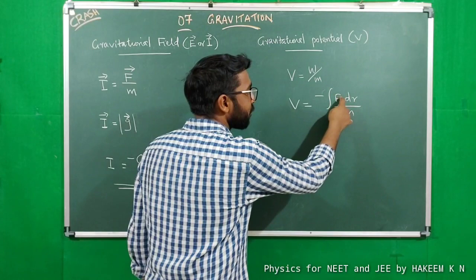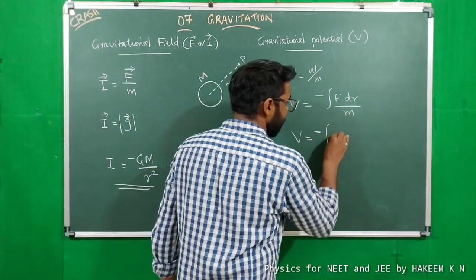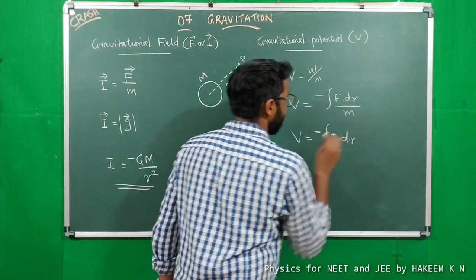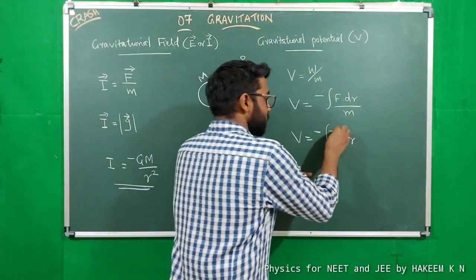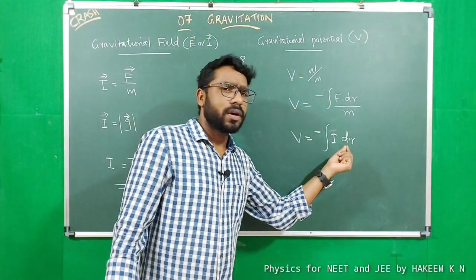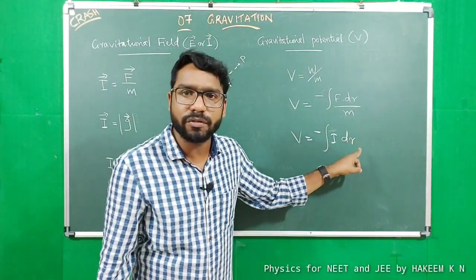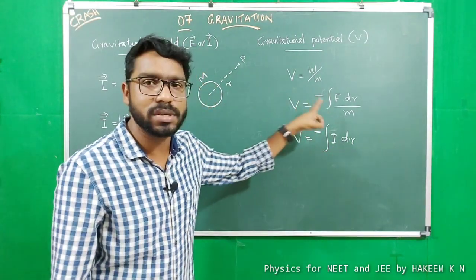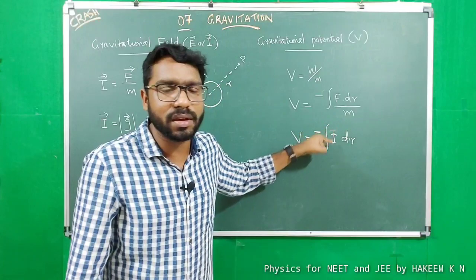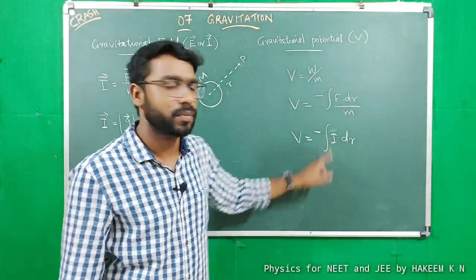So F by m is I, and V equals minus integral I dot dr. That means if gravitational field intensity is given as a function of displacement, to get the potential at that point, we have to integrate it with respect to dr and give a negative sign.